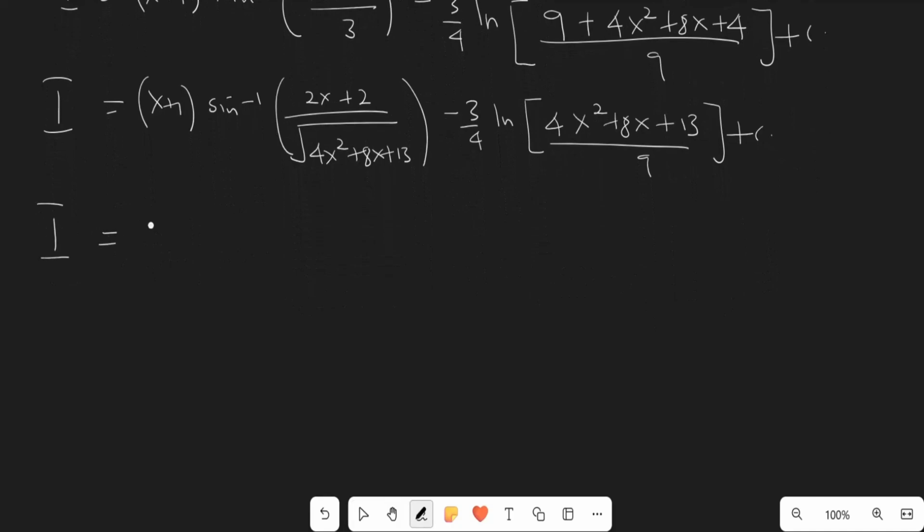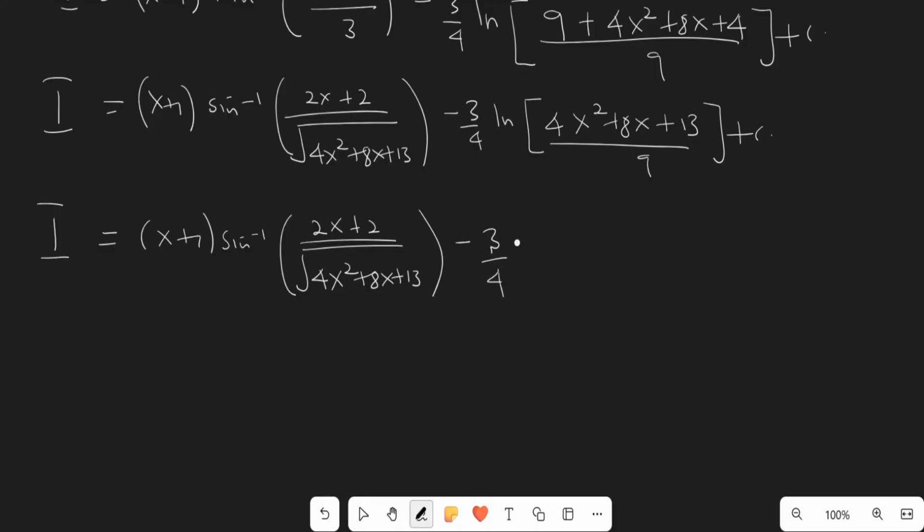So I can simplify it further. (X plus 1) sine inverse of our integrand. This is just our integrand, which is the square root of 4x squared plus 8x plus 13, minus, using the laws of logarithm, this is 3 over 4 ln of 4x squared plus 8x plus 13, and then minus 3 over 4 and then the ln of 9.